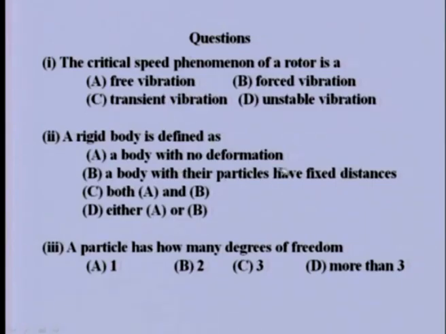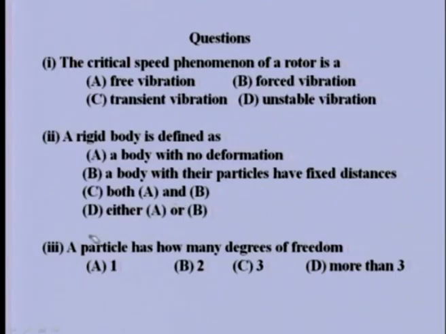If we consider two particles in a body, and the distance between them does not change during motion, then we can consider that body as rigid. So, we can see that both options A and B are correct, but the last option is not correct.